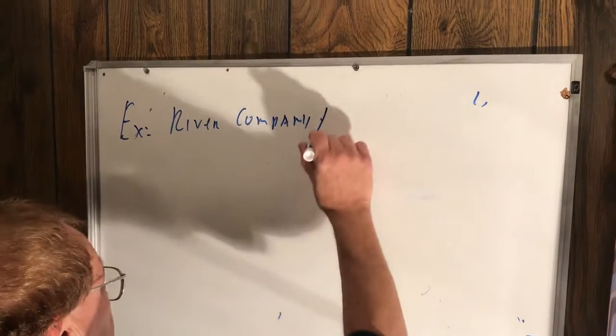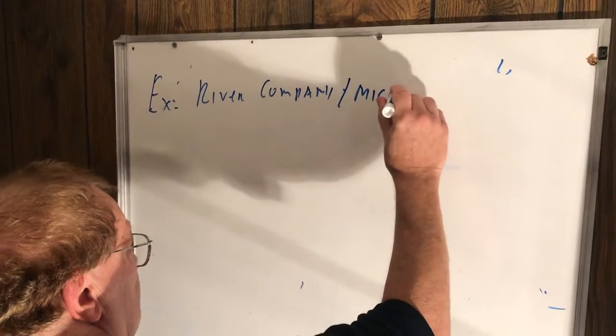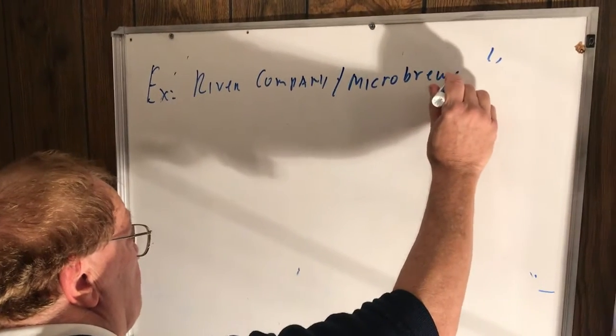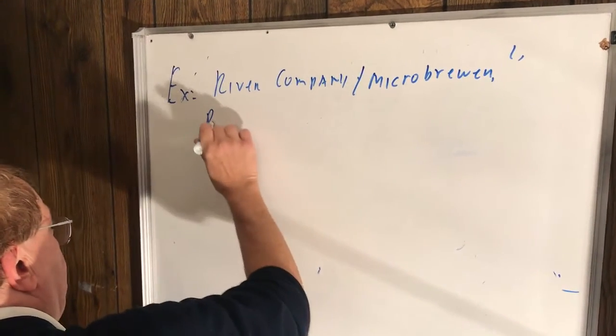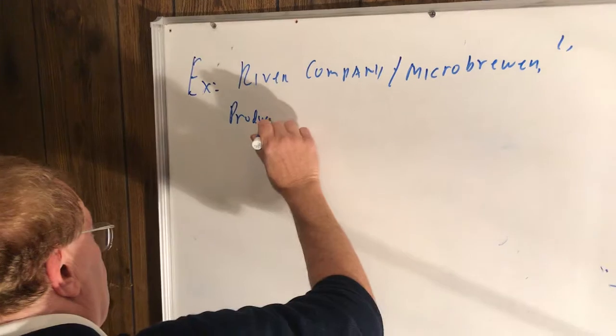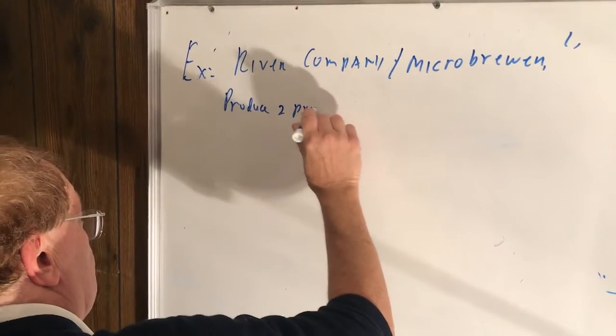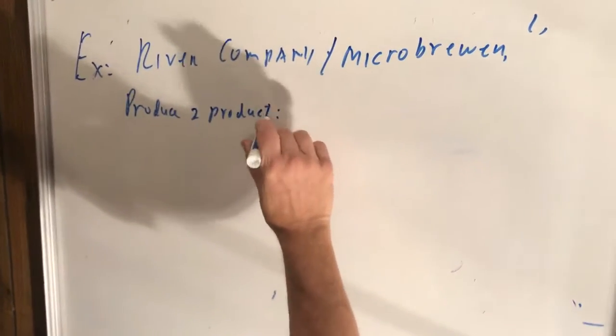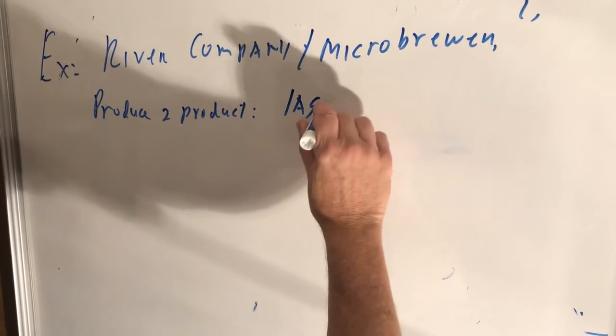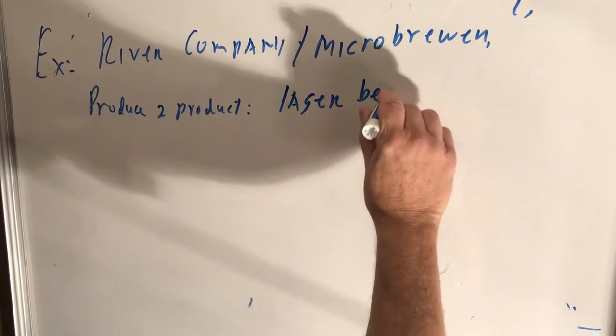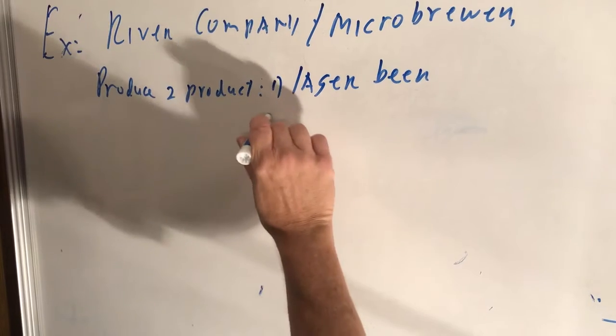So the microbrewery produces 2 products, a lager beer and an ale.